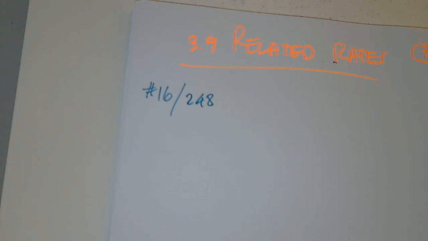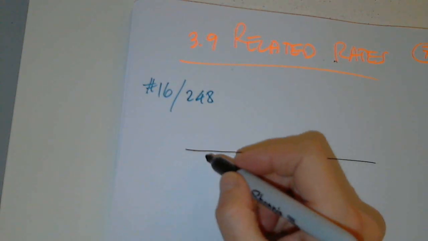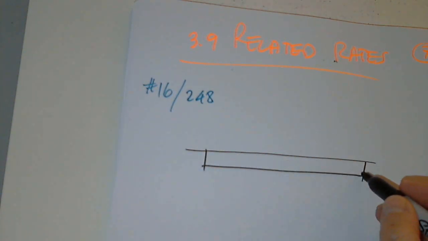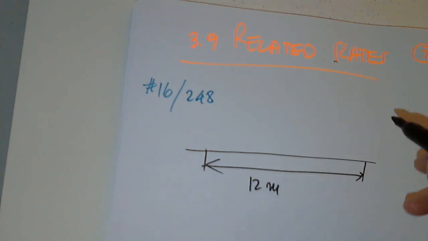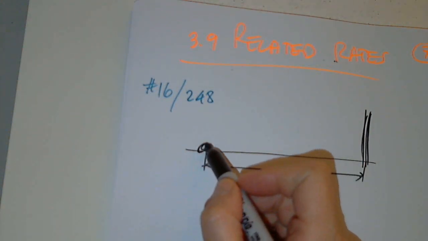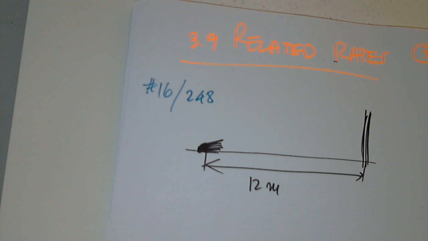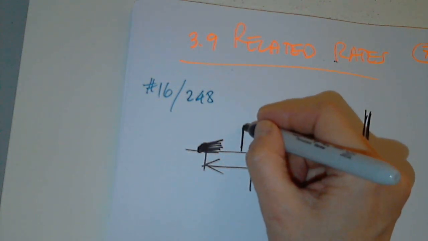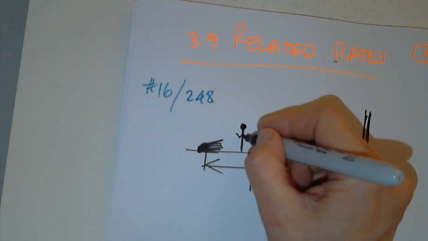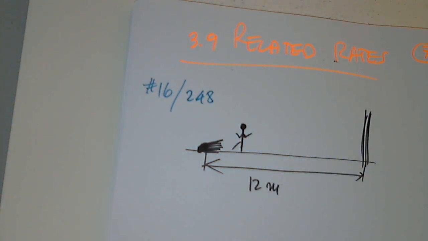So here's the picture. That's the wall. Here is the flashlight or spotlight, whatever. And here's the person initially. I can't draw a person, please forgive me. That's all I can do.